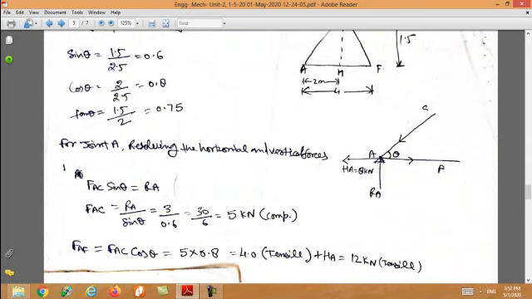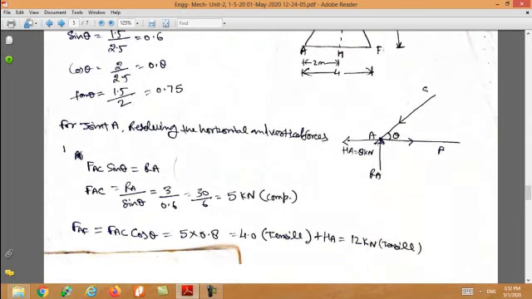So after calculating these values, take joints one by one. So it is joint A. In joint A, you can see this reaction is acting, this horizontal reaction is acting, and this force member AC, and another force member in this direction. So apply the equations in the horizontal and vertical directions. Here you are seeing that AC will be resolved in the horizontal direction and vertical direction.